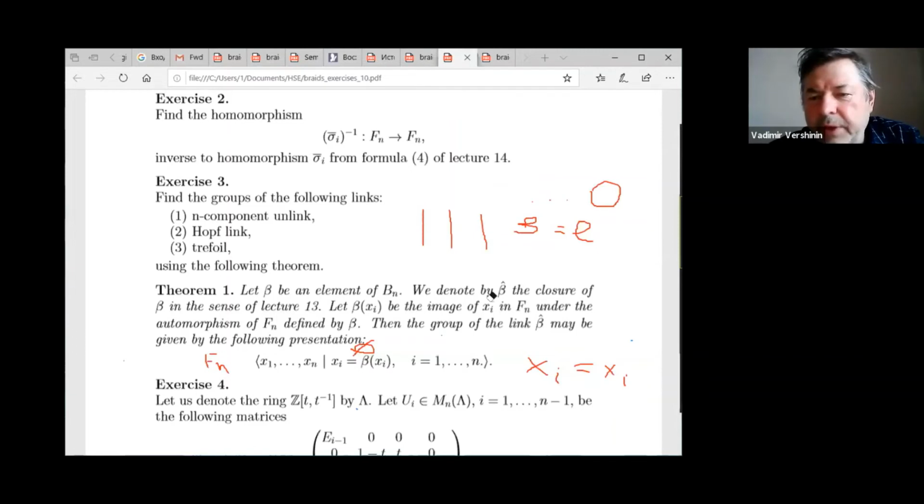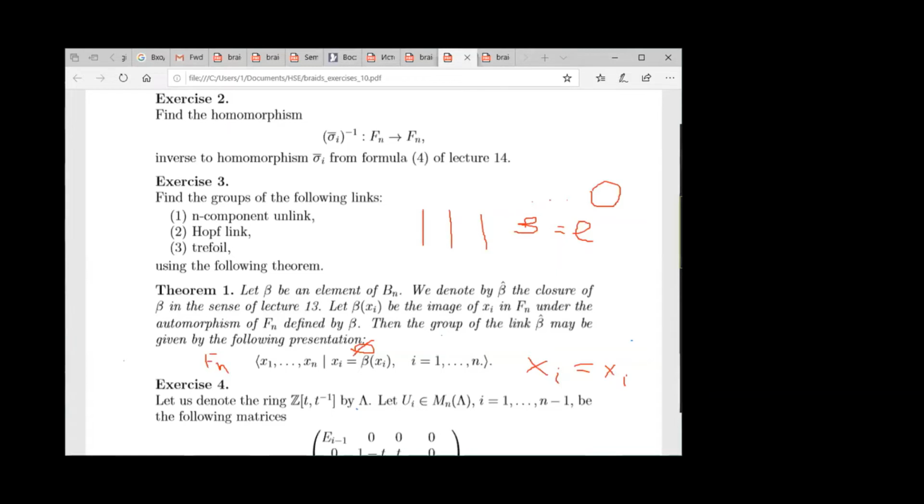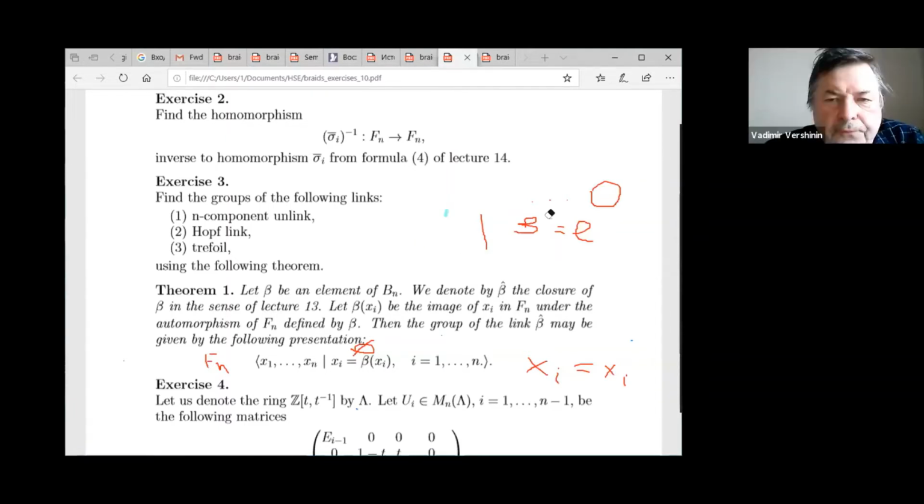Other questions, by the way? Tatiana? If no question, we consider Hopf links. So what should we take?